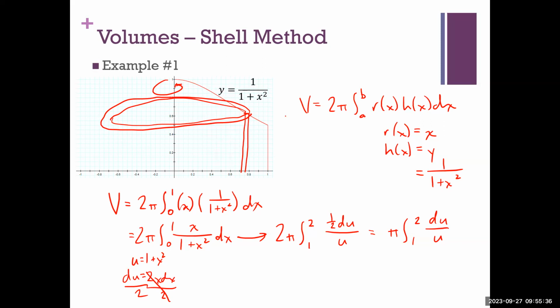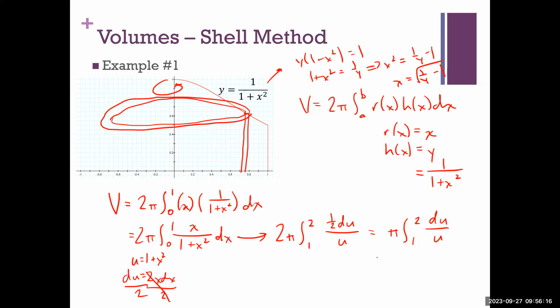If we were to isolate x here, y times 1 plus x squared equals 1. 1 plus x squared equals 1 over y. x squared equals 1 over y minus 1. x equals the square root of 1 over y minus 1. I have doubts about my ability to do that. I've already done more algebra than I had to do for shell method, and I'm not even sure the integral is going to be friendly when I get there. Those are the kinds of considerations that are more logistical.